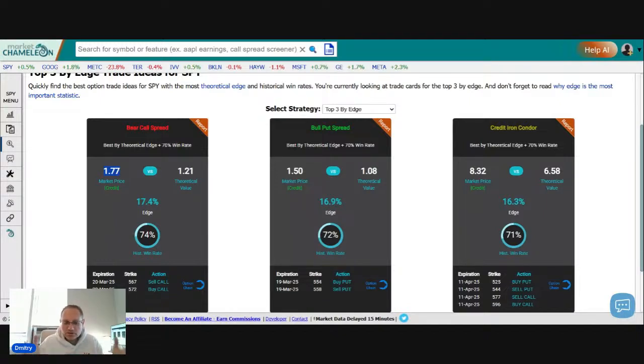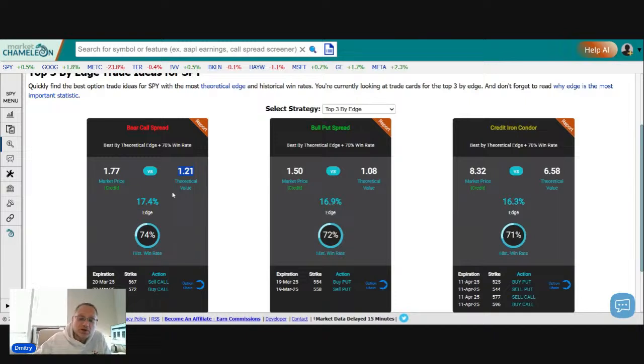This spread, why did we filter it out? Well, we have a benchmark. In the benchmark, we look at historical price movements of SPY, and based on that, we came up with an average value of $1.21.